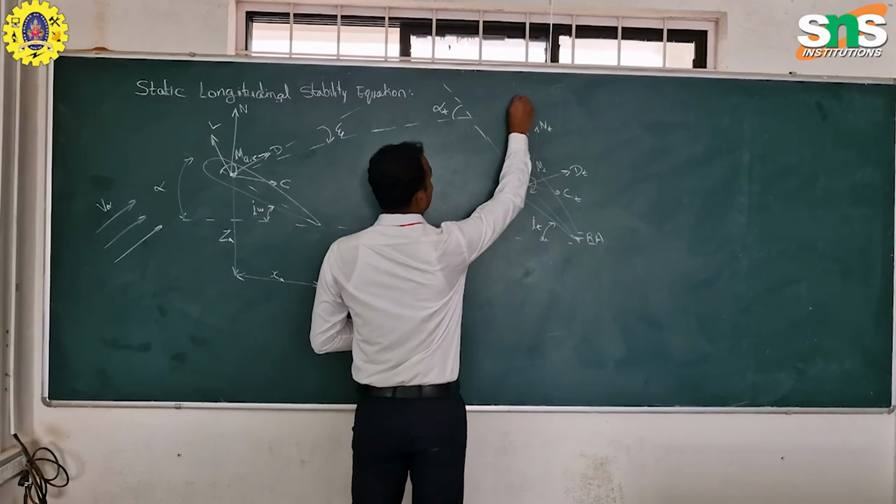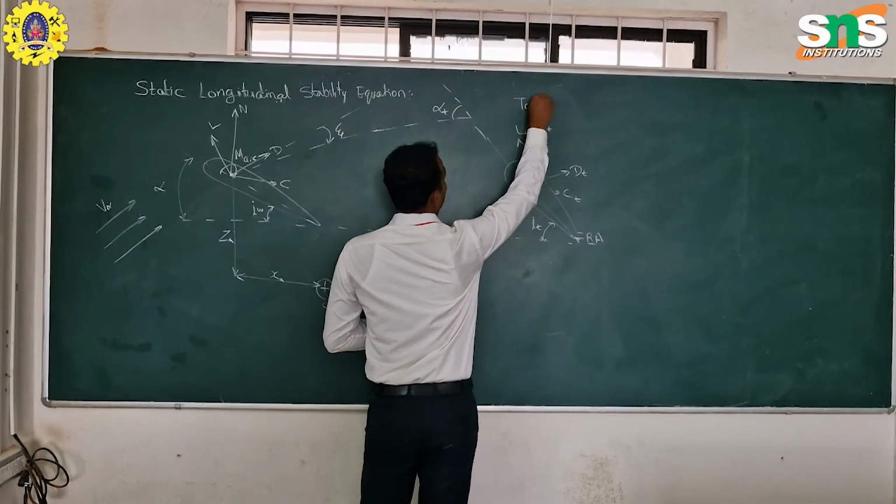This is the tail of the aircraft and this is the wing of the aircraft. The distances from the CG are the height H_t and the horizontal distance L_t.